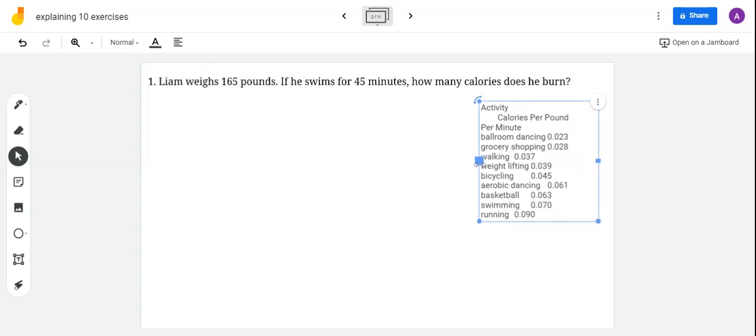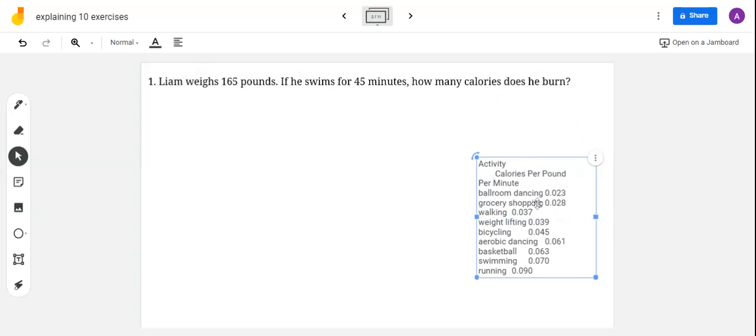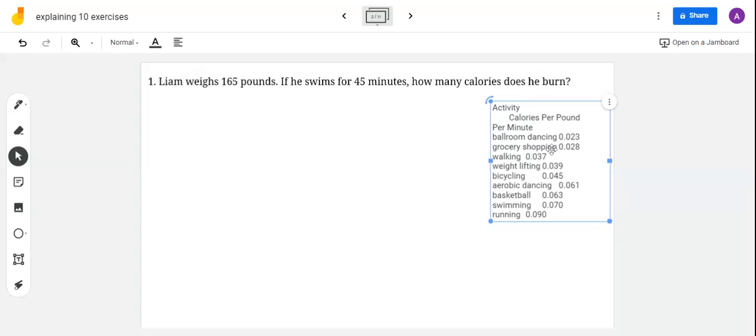I apologize for how weird this looks. So the activities would be like ballroom dancing, grocery shopping, walking, weightlifting, bicycling, aerobic dancing, and so on. And then the numbers are the calories per pound per minute, right?